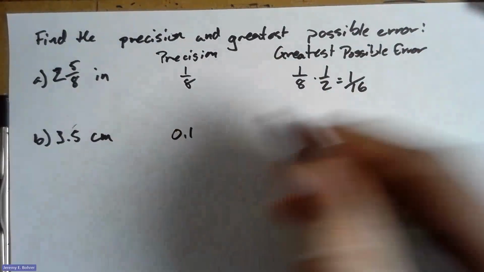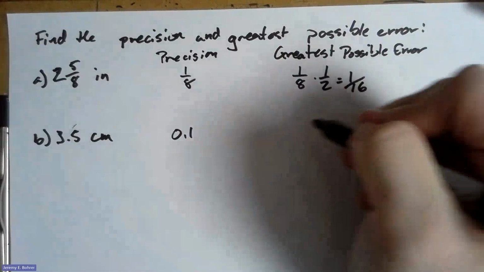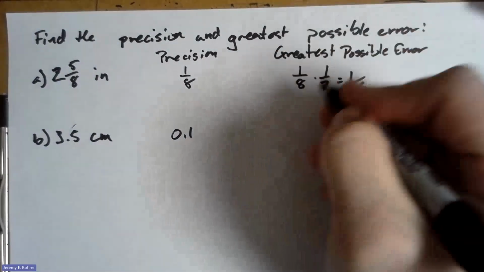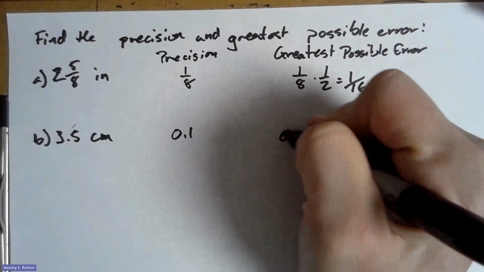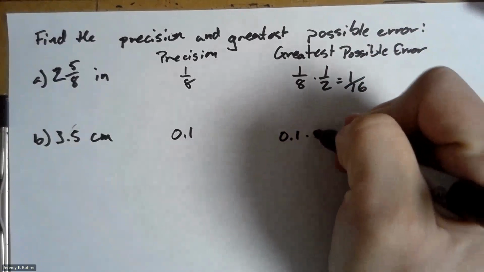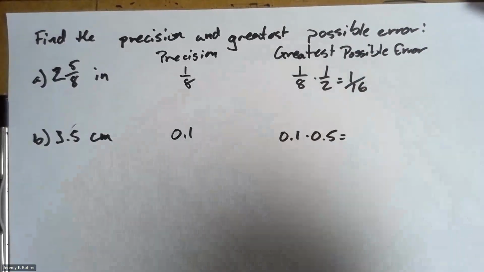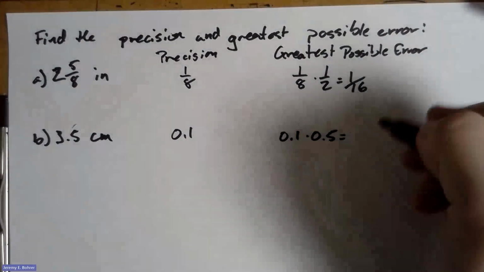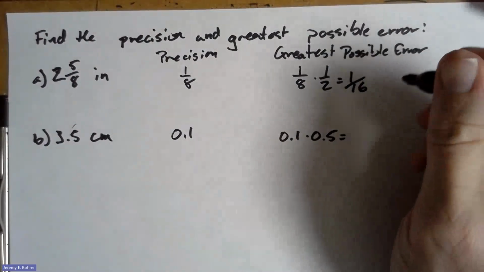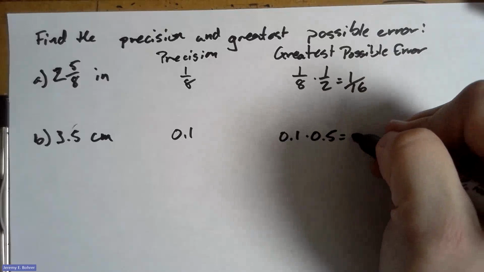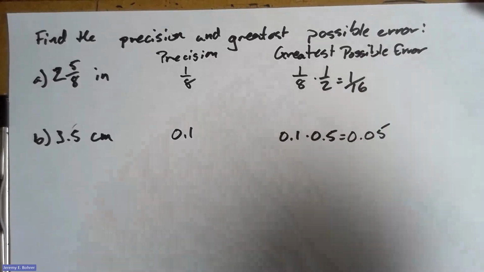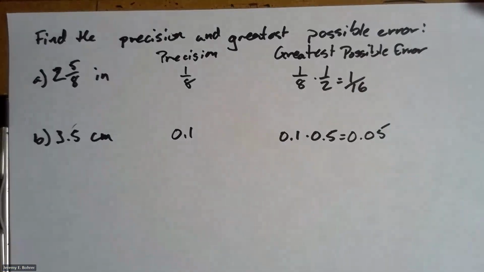And here we've got 0.1 times 1/2, and that's going to give us a greatest possible error of 0.05. Just 1/2 of 1/10.